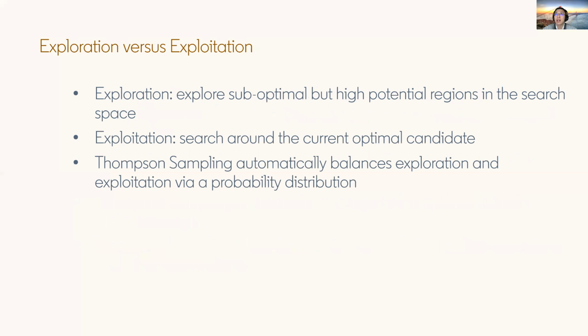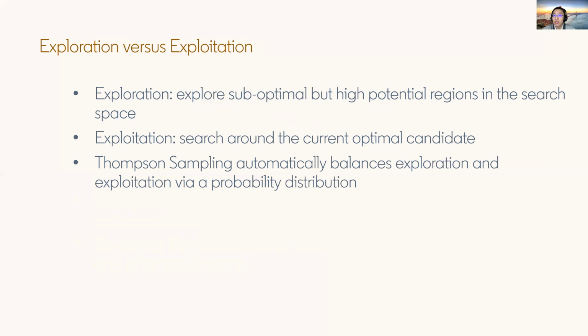In the final slide of this section, I want to emphasize two concepts in hyperparameter tuning, which are exploration versus exploitation. Exploration means that we explore the suboptimal but high potential regions in the search space. Exploitation means that we search around the current optimal candidate.